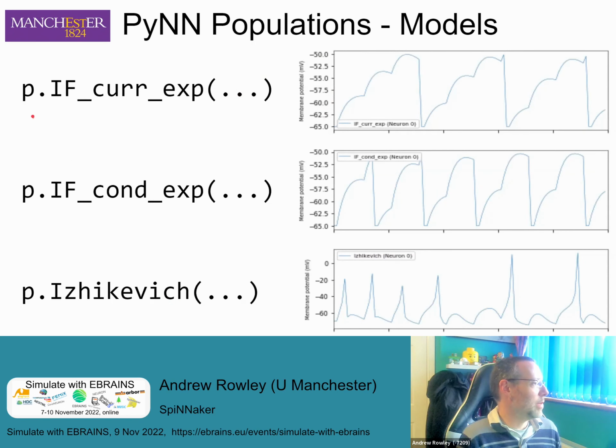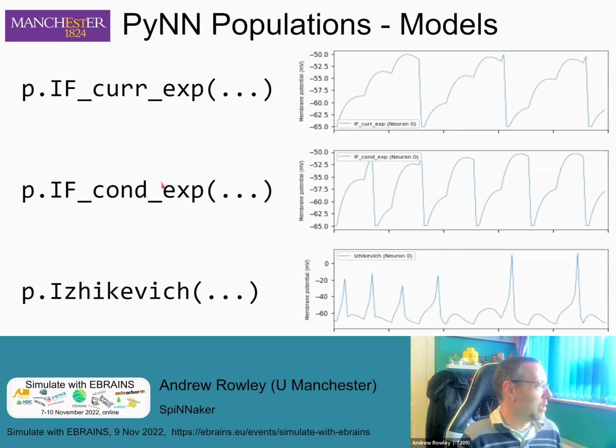The various models that we have on Spinnaker, we have more than this, but there are a few obvious ones. The most obvious one is the IF_curr_exp, which is basically current-based synapses with exponential decay. When I was mentioning the synapse shaping, this is what I was talking about. And these are LIF neurons, so leaky integrate-and-fire. They're about as simple a point neuron as you get.